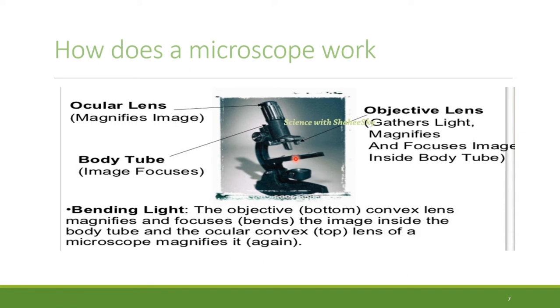While keeping our eye on the ocular lens, we can see the object through low power first of all. After that, we can rotate the objective lenses to medium power and high power to get clear magnification.